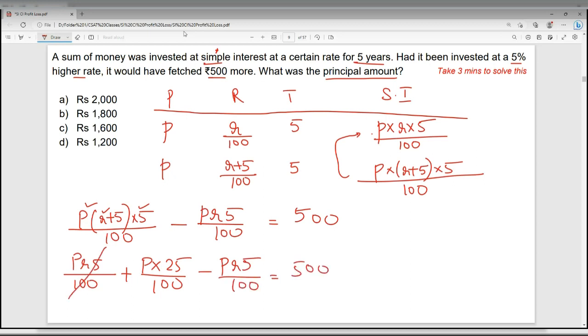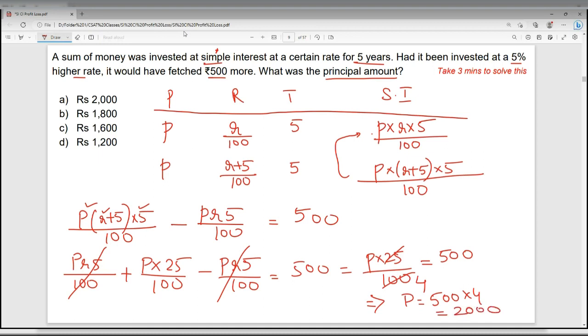The PR into 5 terms, plus and minus, will be cancelled. This implies P into 25 by 100 is equal to 500. 25 fours are 100. This implies P is equal to 500 into 4, that is equal to 2000.